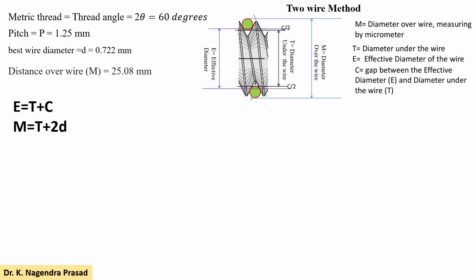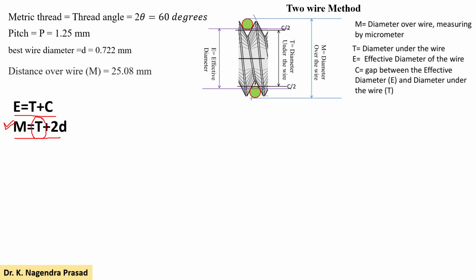So effective diameter capital E equals capital T plus C. Here capital T is the diameter under the wire and capital C is the gap between the effective diameter and the diameter under the wire. And we know one more relation in the two-wire method, capital M equals T plus 2d. From this equation we can determine the capital T value.